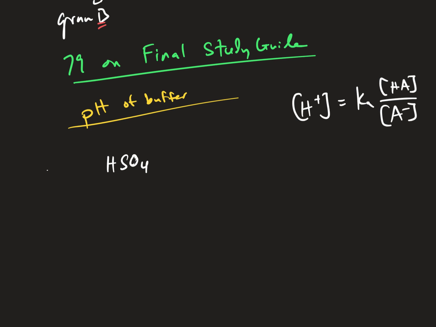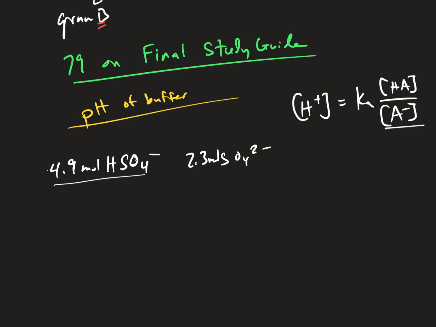Let's say we have 4.9 moles of HSO4 minus. Good? Then if this is our acid, what's our conjugate base? SO4 2 minus, right? And let's say we have 2.3 moles of that.